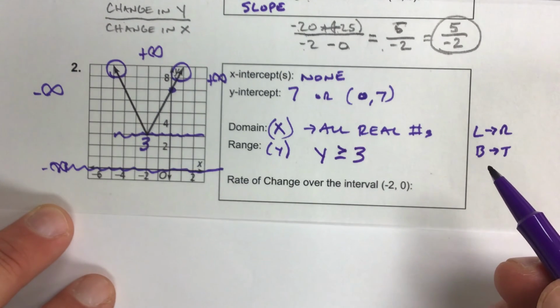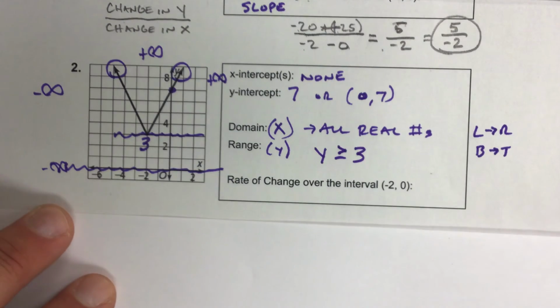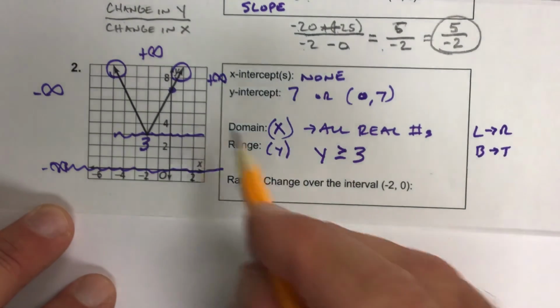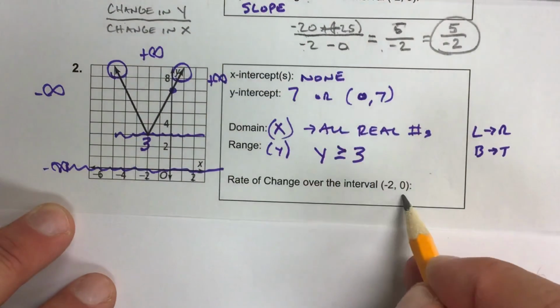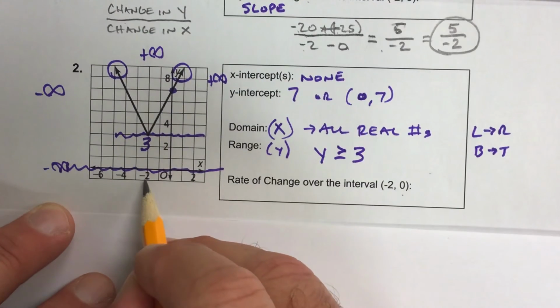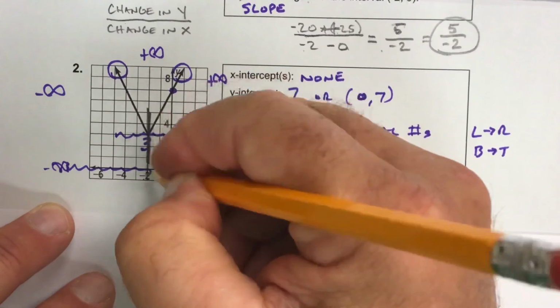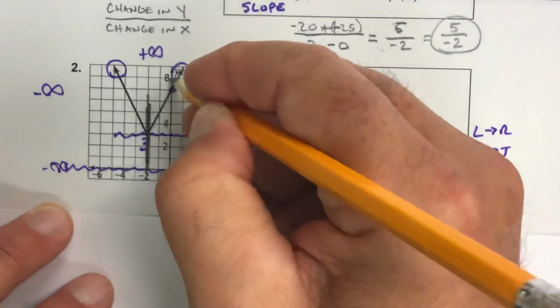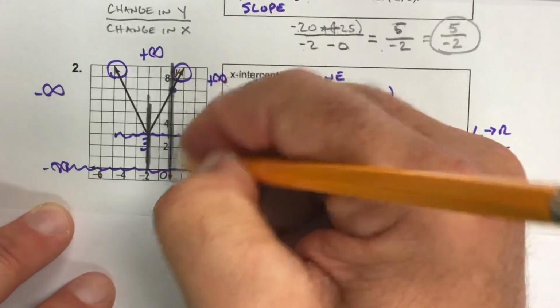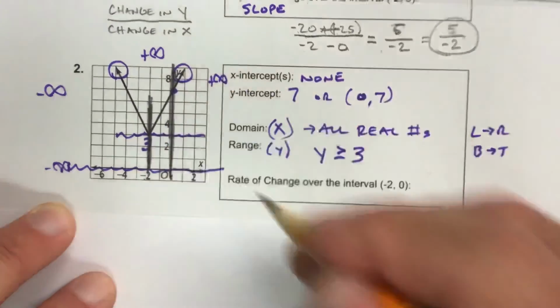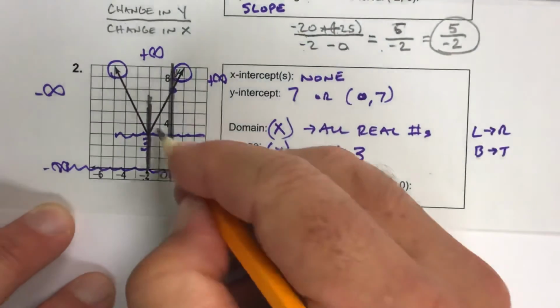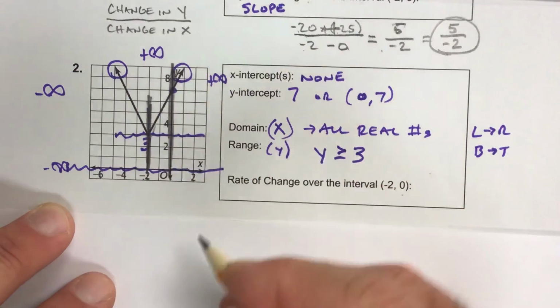All right? And then the last thing is that we want this rate of change over that same -2 to 0. So we've got to look down here. -2 is the second one, so it's going to be from here all the way to 0, all the way to this one. All right? So that's a positive slope, so we know that.